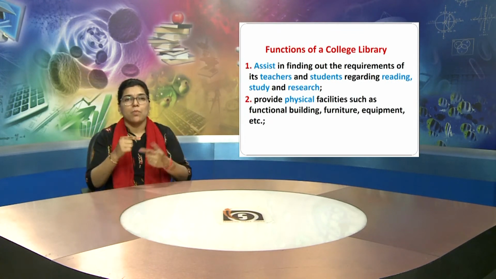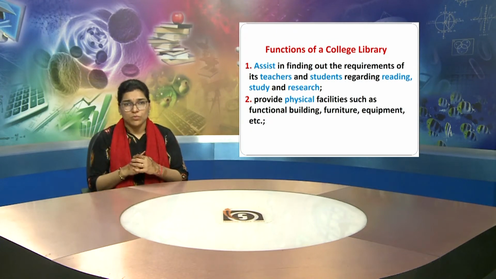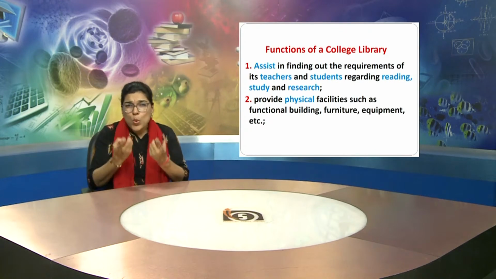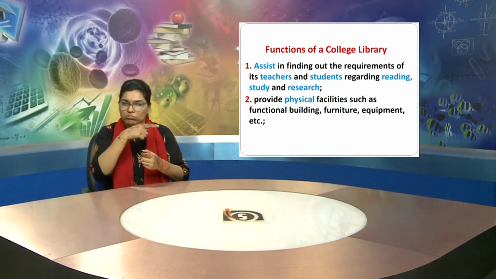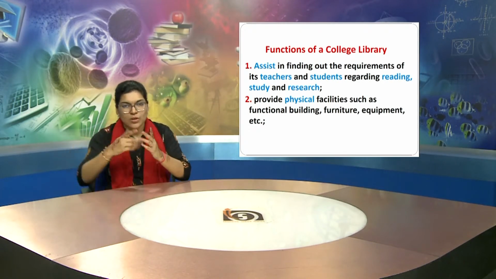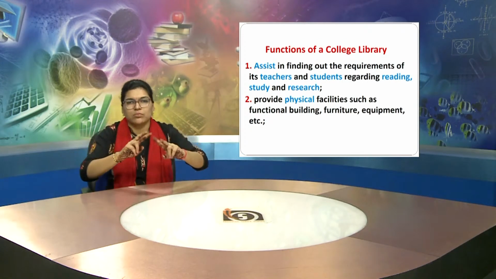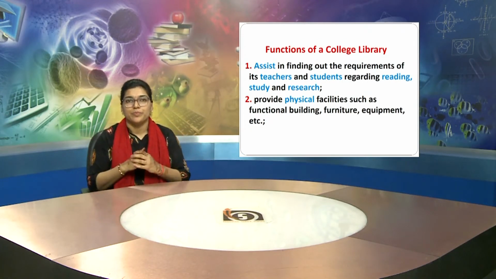Now let us understand the functions of a college library. The first function of the college library is to assist in finding out the requirements of its teachers and students regarding reading, study, and research.